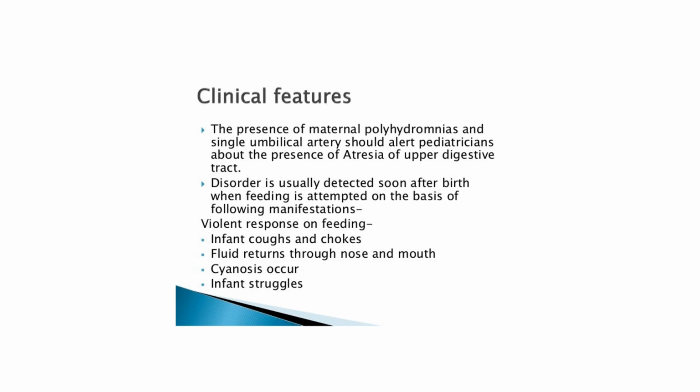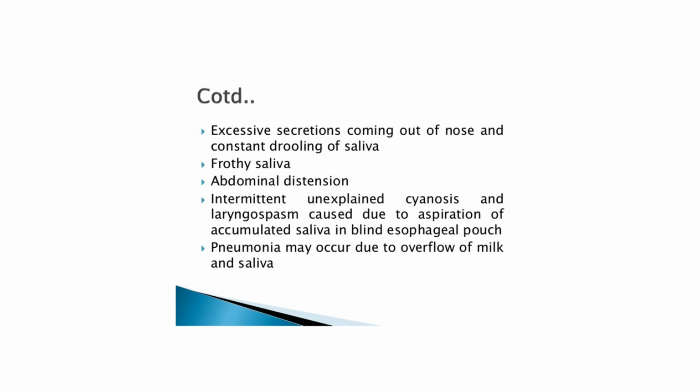So what are the clinical features which will be pointed to the child if the child is having TEF within them? Okay, so there will be signs and symptoms of severe choking, and fluid will be returned from the nose and mouth, and cases of cyanosis will be seen in the baby's body if the baby has TEF.